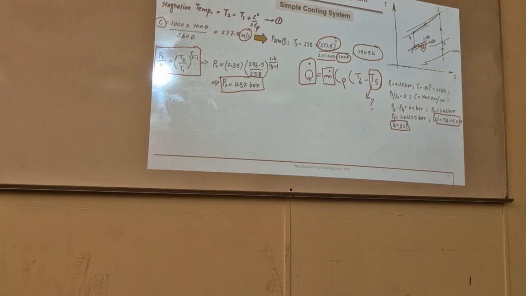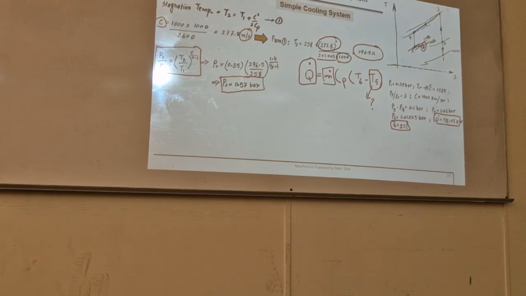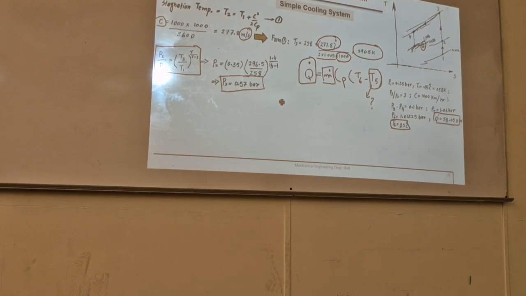So calculate all those temperatures. Just like in chapter 2 and 3, where we calculated enthalpies at all points, here we calculate all temperatures. We already have T2, now we can find out T3.